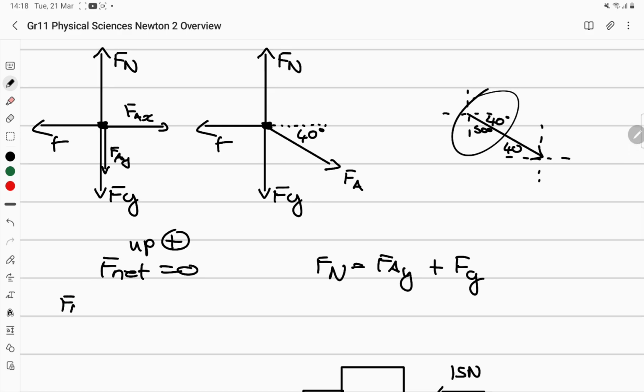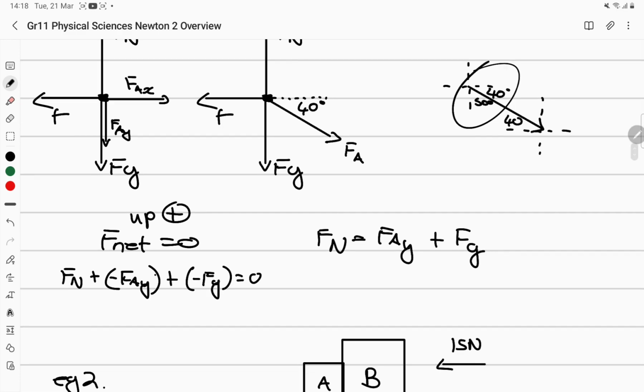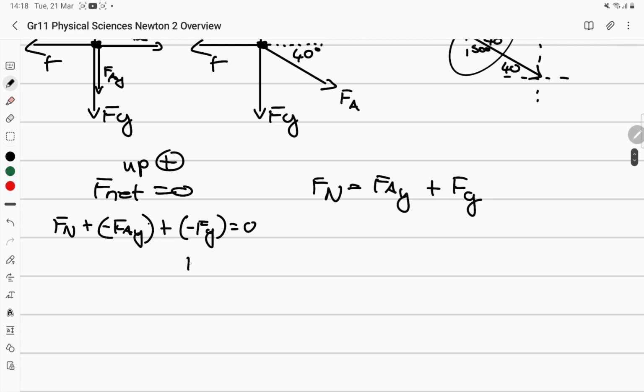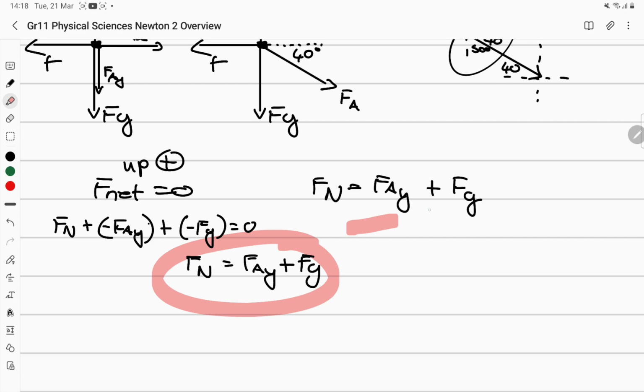So we have Fn plus a negative Fay, close that bracket, that is negative, plus a negative Fg, and that'll be equal to 0. And if you just solve for this, we have Fn is equal to Fay plus Fg, which is, go figure, the same as this, because the F net in the y-axis is 0. There's no acceleration in the y-axis.